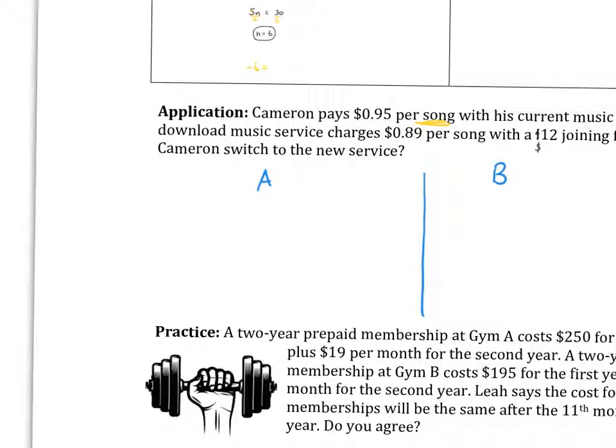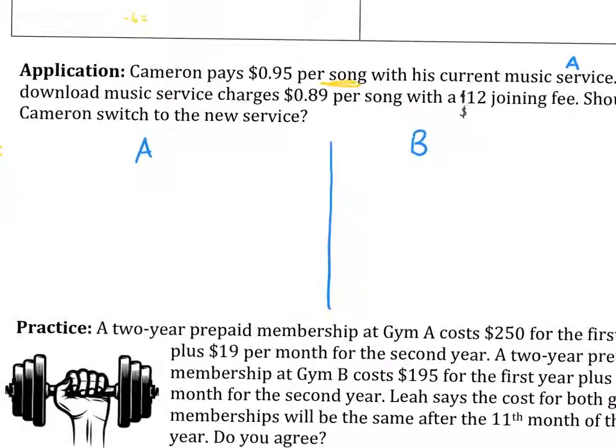I don't like to use S's, so I'm going to say N is equal to the number of songs downloaded. Okay, so the first one is a very straight up situation. We have 95 cents per song, so simply we just say 95 cents and then per song being my N.